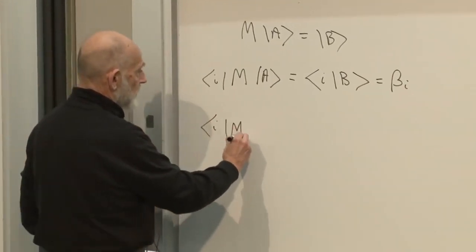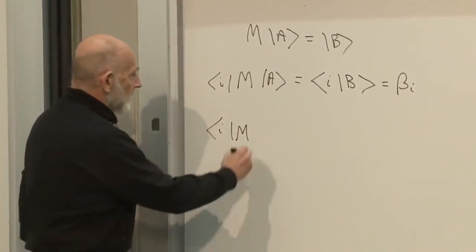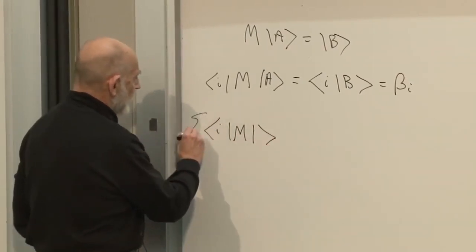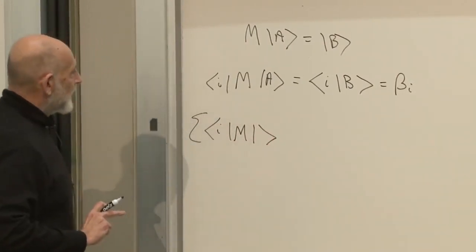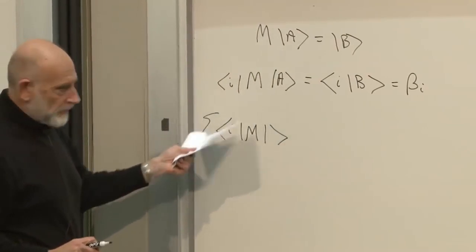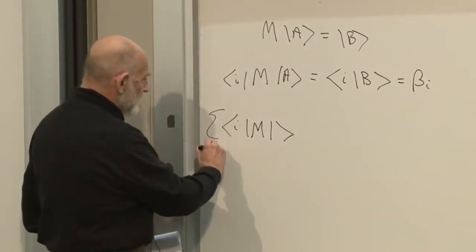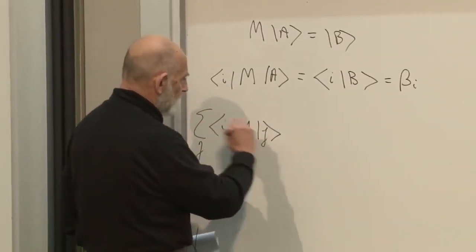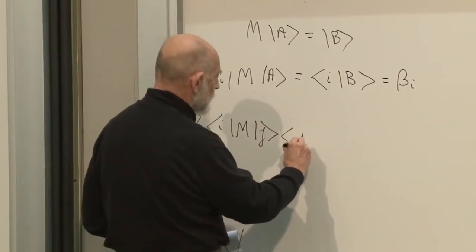Now, the summation variable is not i in this case. I've used i as the external non-summation variable here. So let's sum over j. Doesn't matter what we call a summation variable.